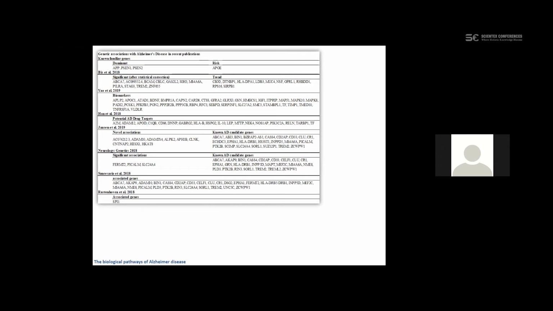Subsequently, taking into consideration the p-value obtained and the literature data, we focused only on 10 pathways, that briefly I will show you.